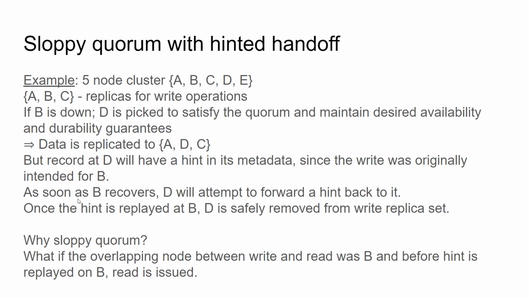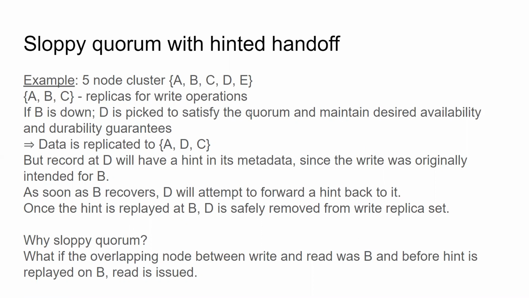As soon as B recovers, because D is carrying this hint information, it will attempt to forward the hint back to B. Once that hint is replayed, D is kicked out of the quorum and the original quorum is restored, which is ABC. So that's the idea of hinted handoff.